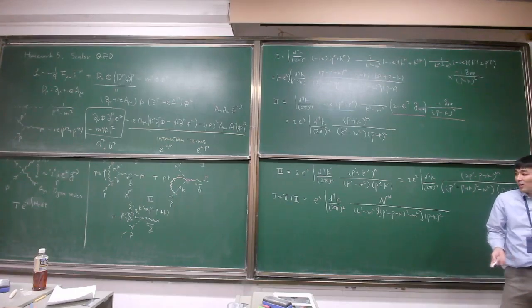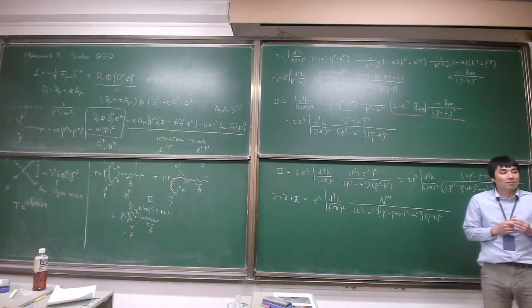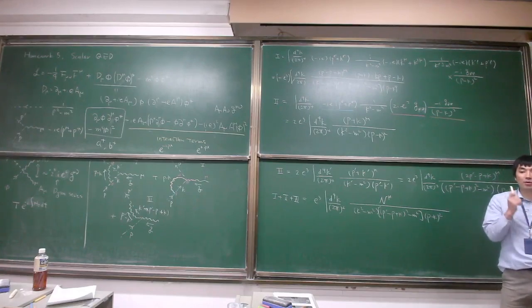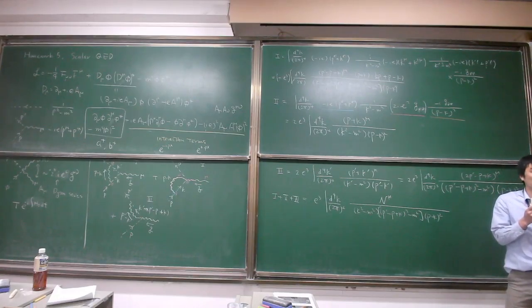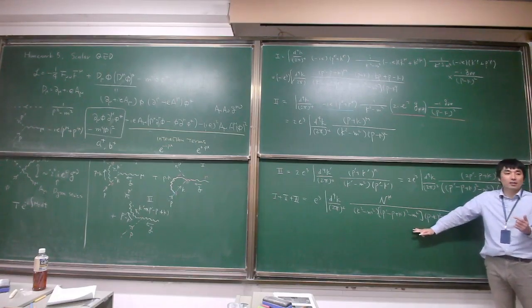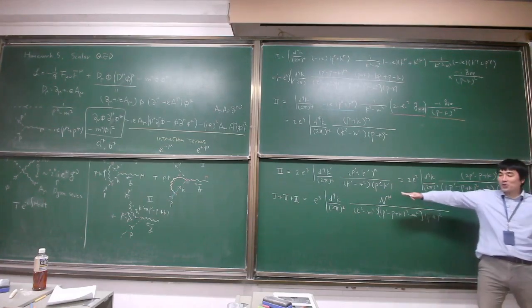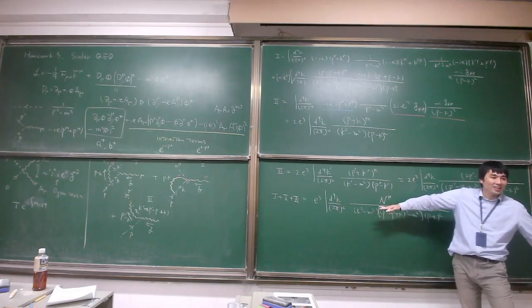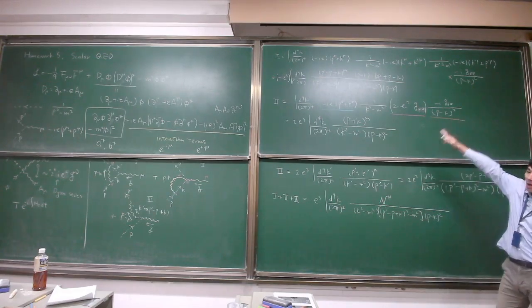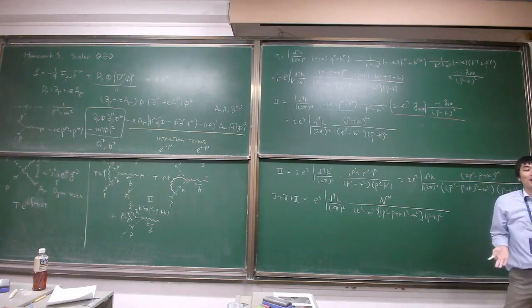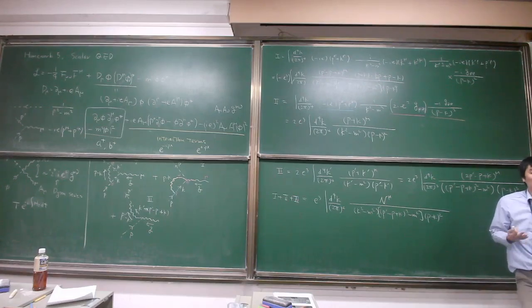Unfortunately, not so many people have noticed these 3 diagrams. So I give you 1 more week to solve this problem. So I derived up to this point. What you need to do is compute n. Just add them up, apply the Feynman parameters, and then do the Wick rotation and dimensional regularization, and obtain the result.